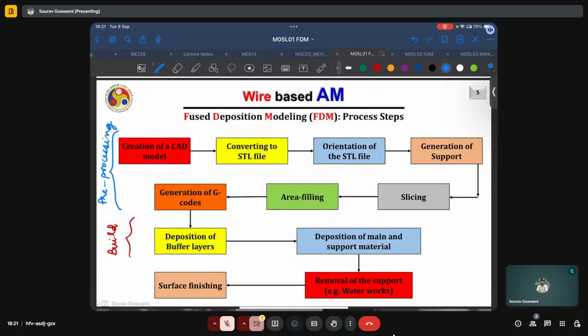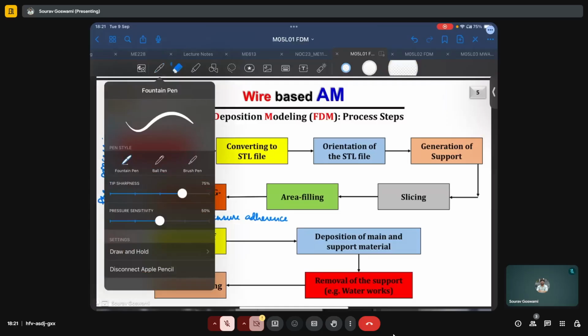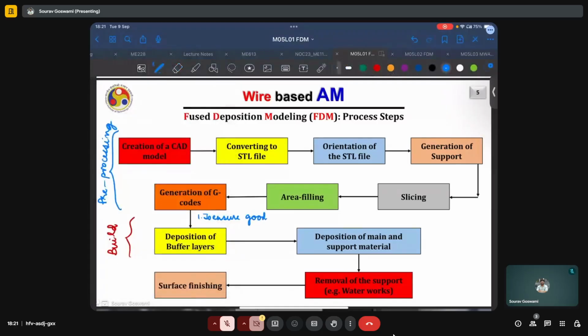So these buffer layers are deposited to ensure good adhesion of initial layers with the build plate.